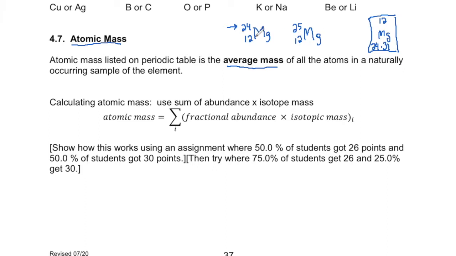That's the normal way we would get an average, but there's another way to get an average as well. And that is to take the mass of the isotope and multiply it by the fractional abundance.